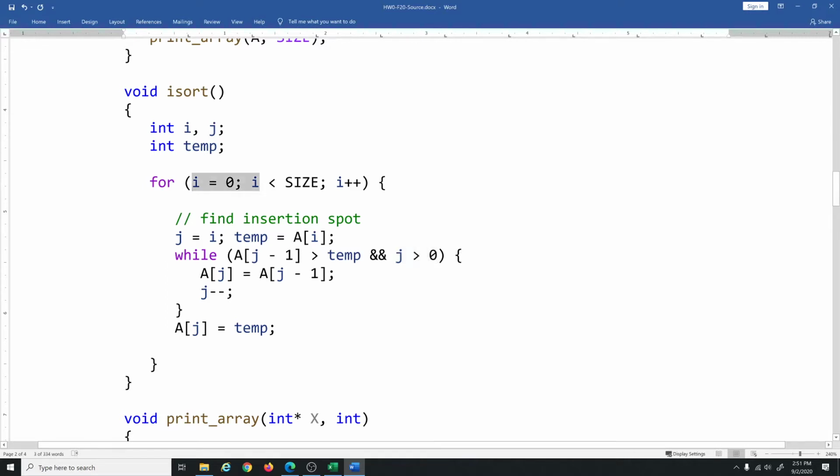So I is 0, that means J goes from 0 to 0 the first time, but then as I grows, I will become 1, and then this loop will go from 1 to 0, then I will become 2, and this guy will go from 2 to 0. So as I gets bigger, this loop here starts approaching n. So it's less than n.